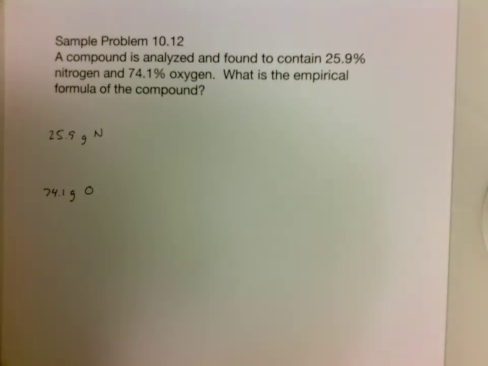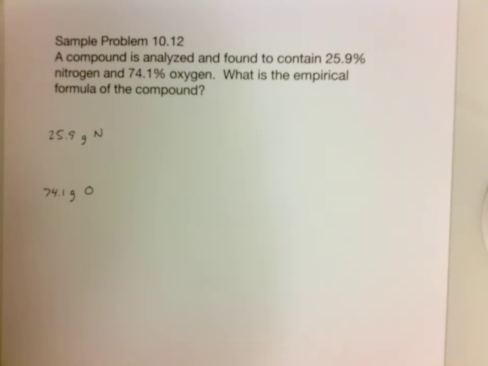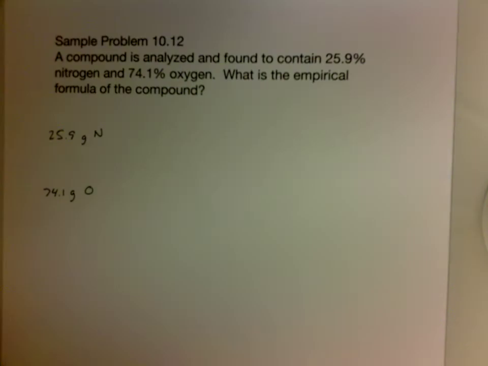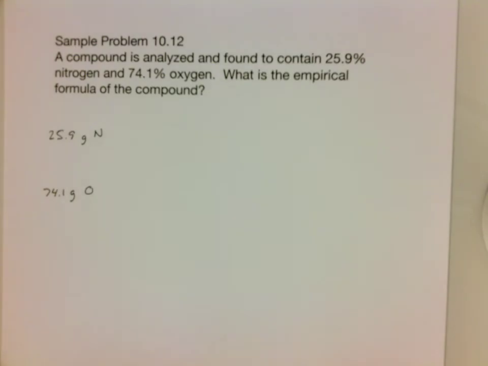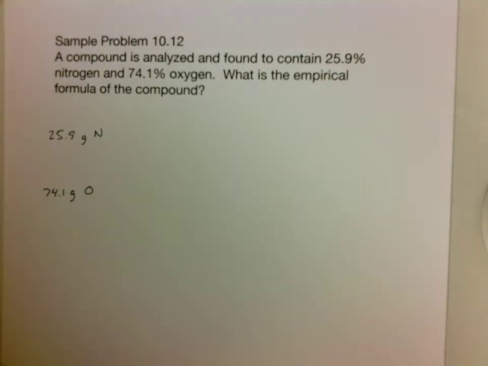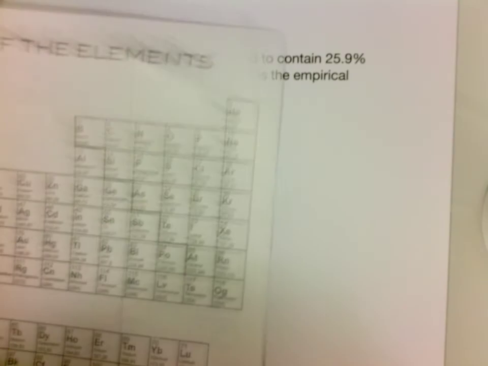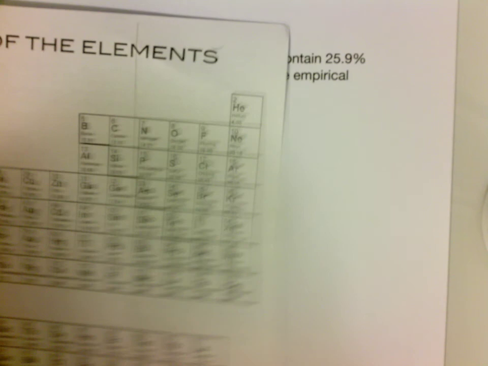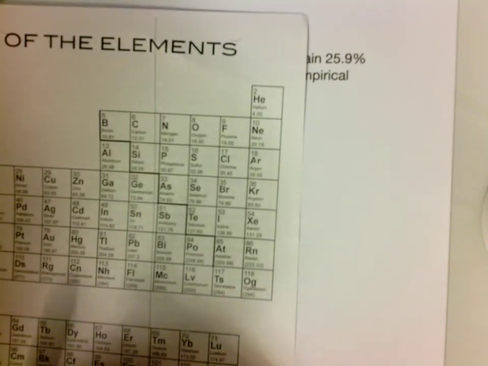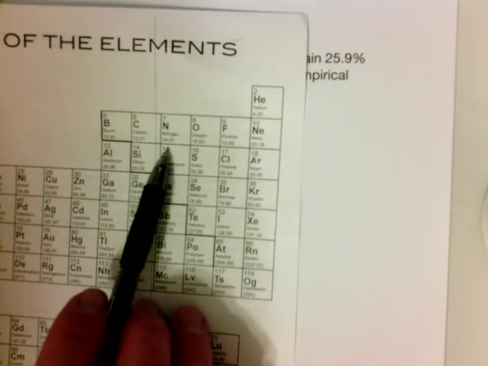So we know formulas and compounds talk to us in moles. So now the next thing we're going to do is make a couple of gram to mole conversions. With our 25.9 grams of nitrogen, we're going to find the molar mass of nitrogen off the periodic table, which is 14.01 grams per mole.